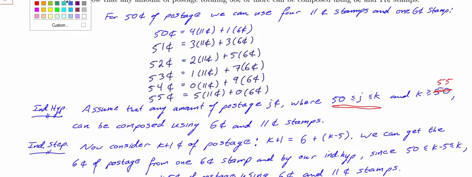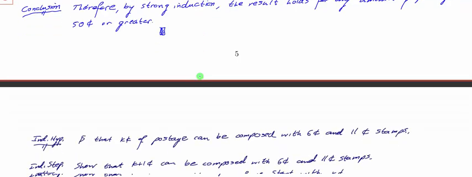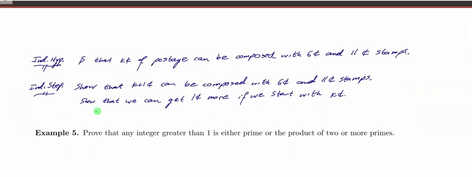So here I do need base cases. When we were going from 50 cents to 51 cents, we noted that if I take one 11-cent stamp and replace it with 2 6-cent stamps, then I get 1 more cent of postage in the composition. So if we have at least one 11-cent stamp, then replace one of them with 2 6-cent stamps.